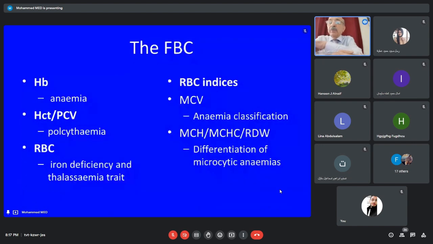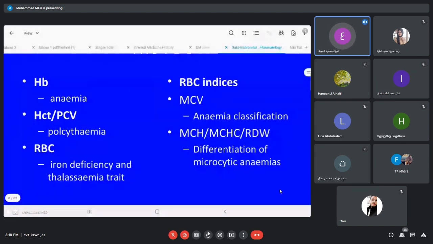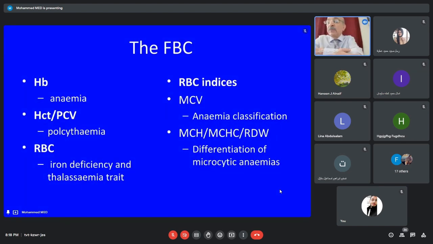The hematocrit, PCV, if high, indicates polycythemia, and in anemia, it's low, as in iron deficiency and thalassemia, as we have discussed before. Then the blood indices, the MCV is very important, and the others are MCH, mean corpuscular hemoglobin, and the other one, mean corpuscular hemoglobin concentration, and the RDW, and I'll come to the RDW later. Next slide, please.